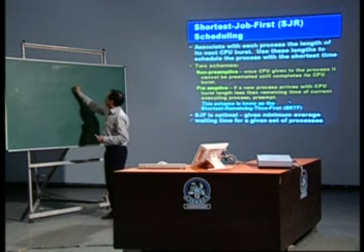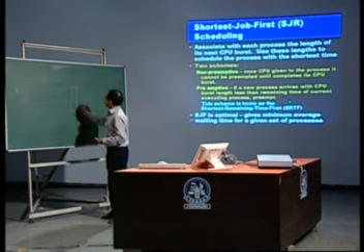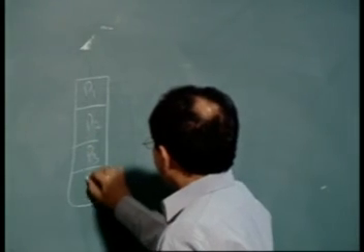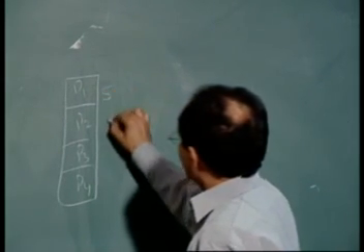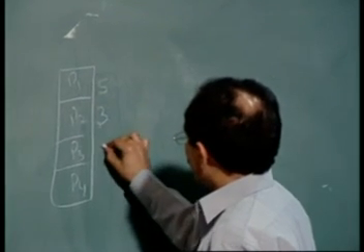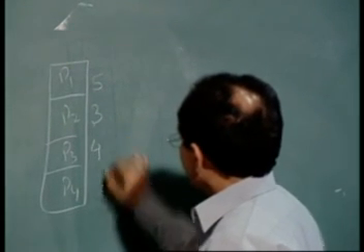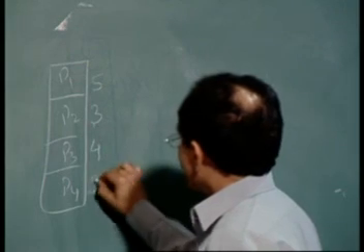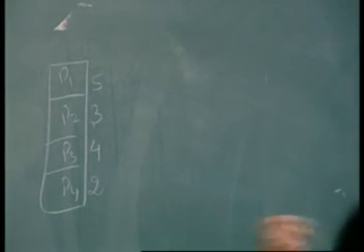Okay, let us say we have these jobs P1, P2, P3, P4. Let us say this job requires 5 units of time, this requires 3, this requires 4, and this requires 2, and they have come at particular times.